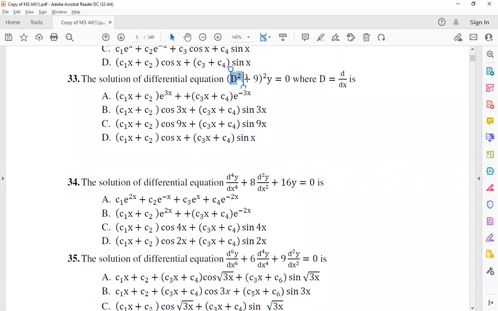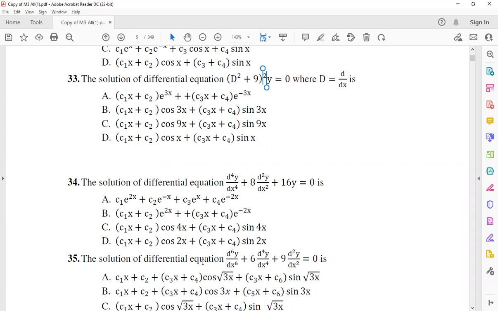This is twice there. So solve for 1 and write it twice. D square plus 9. What is the root? For D square plus 9 equal to 0, it is plus minus 3i. And once again, it is squared. Squared is nothing but twice. So the roots are plus minus 3i and plus minus 3i again, correct.